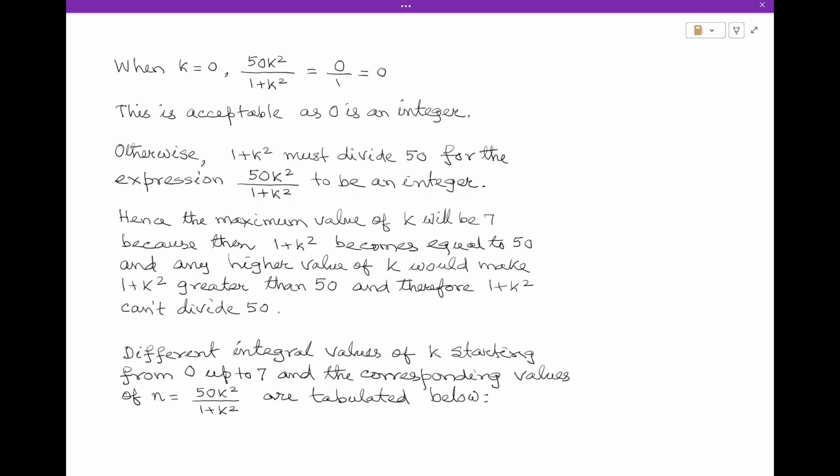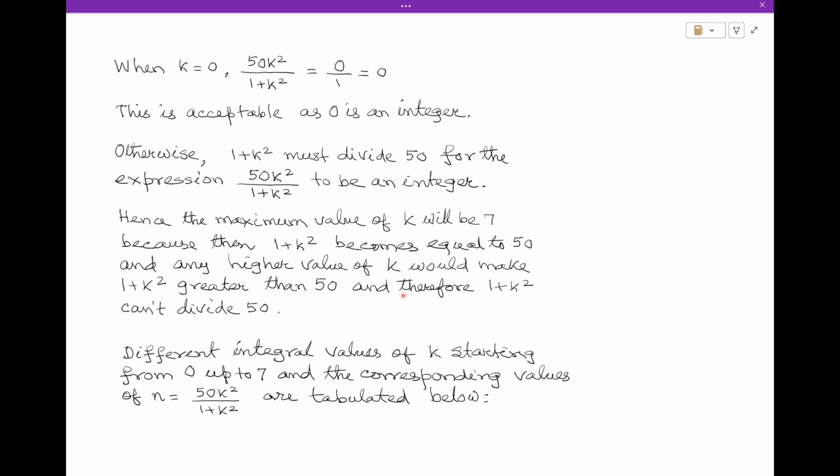Now, when k becomes 7, 1 plus k square becomes 50. Therefore, the maximum value of k will be 7, because then 1 plus k square becomes equal to 50, and any higher value of k would make 1 plus k square greater than 50.